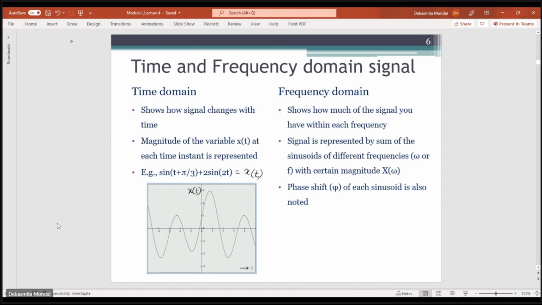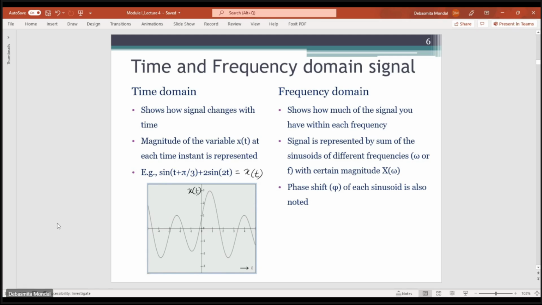But when you move into the frequency domain, the representation shows how much of the signal you have at each frequency. As the name suggests, the x-axis will be frequency instead of time, and on the y-axis you will get two parameters: one is the magnitude of the function, and the second is the phase of the function.